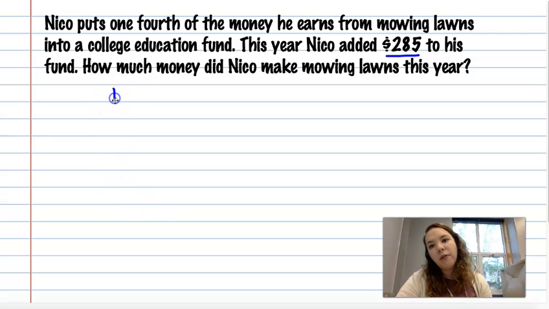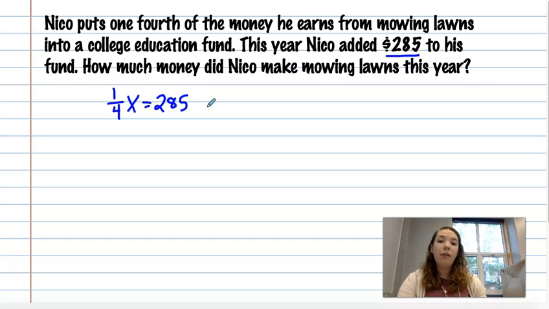But it says he puts 1/4 of the money, so the fraction 1/4 of however much he made. We don't know how much he made, so that's why we're going to use the variable. He puts into his education fund. And this year, that was $285. So we need to figure out how much did he make.